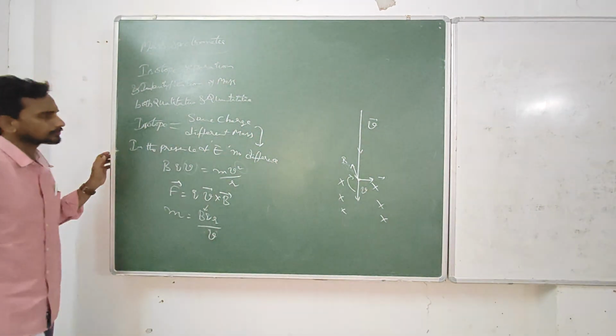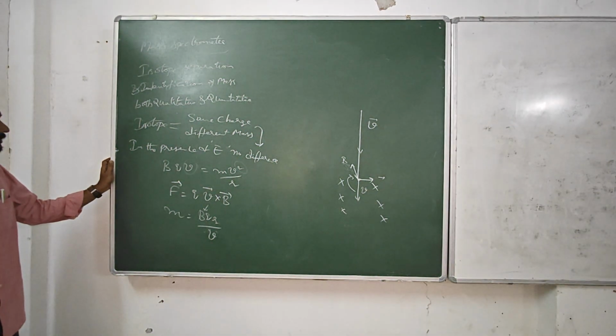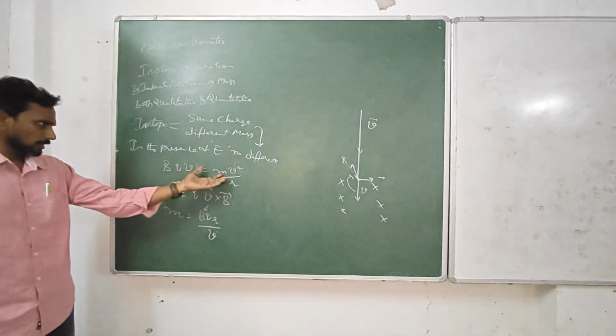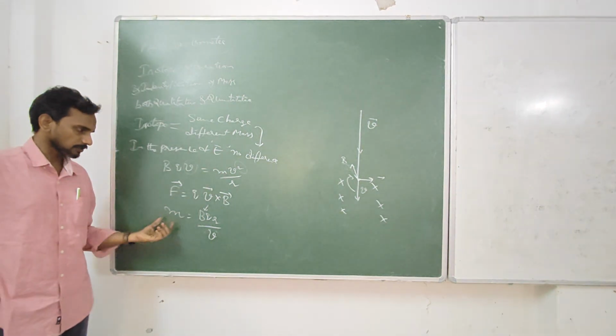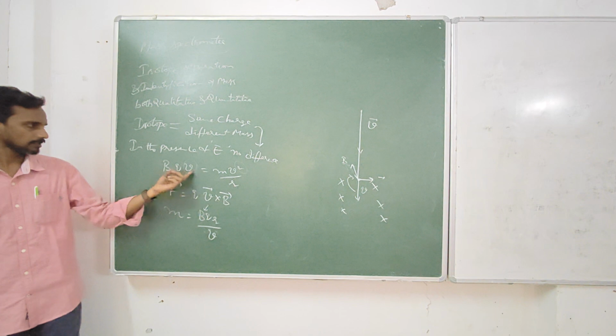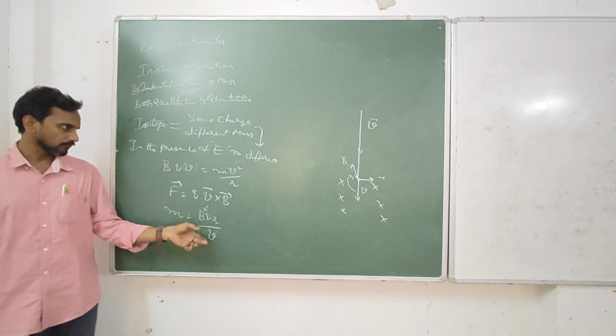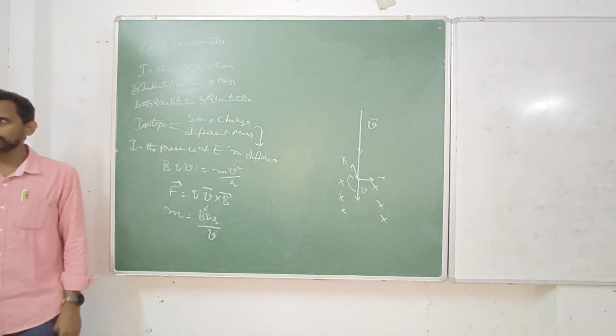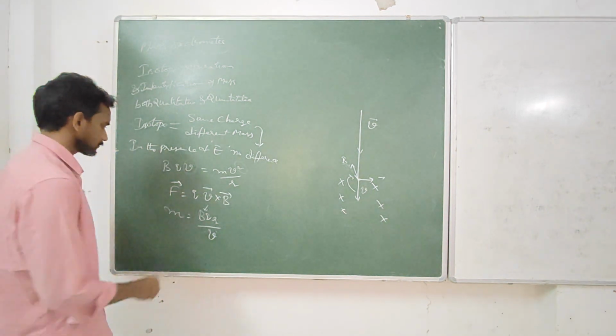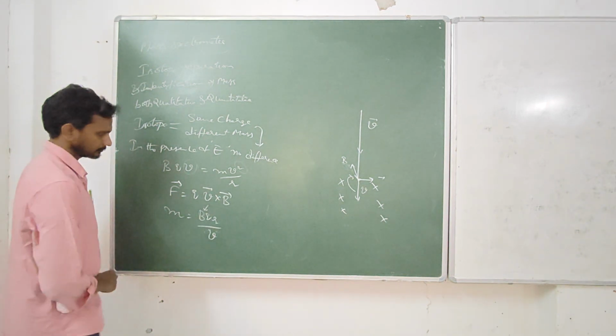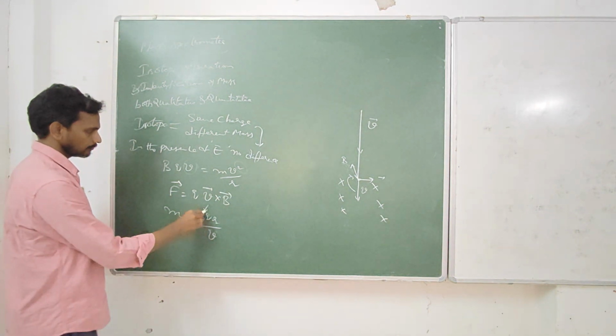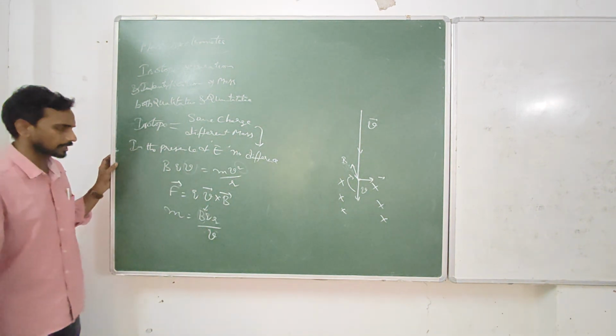Now, what do you want? From this equation, you are trying to estimate the mass of the particle. Mass is given by BQR by V. Now what are the constants and what are the variables? B is a constant, the field we are applying there.